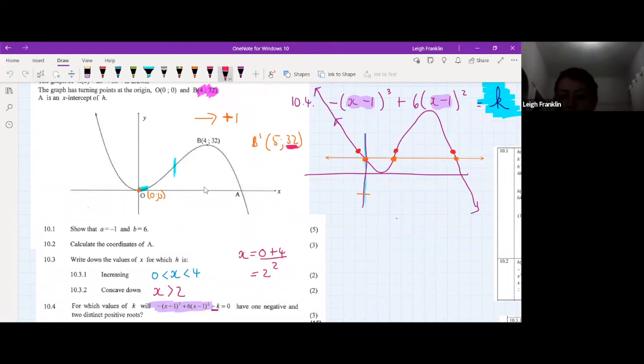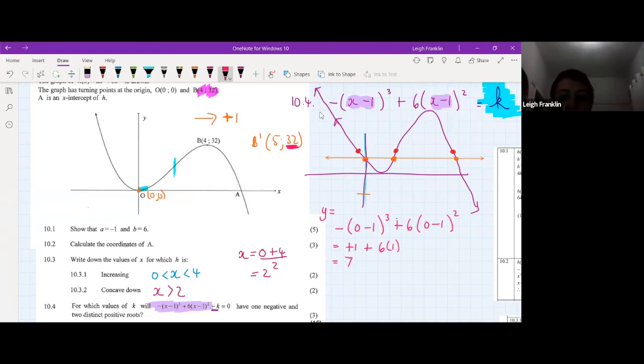So I'm going to sub in 0 minus 1 cubed plus 6 times 0 minus 1 squared, and that's going to allow me to work out the y-intercept. This is going to give me -1, +1, and then here it's going to be plus 6 times +1, so that's going to give me an answer of 7.